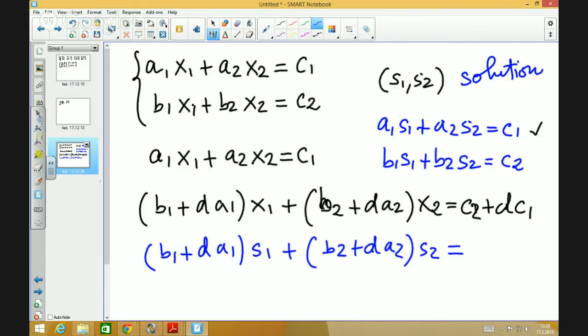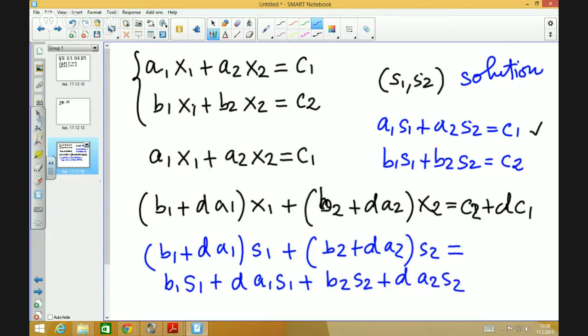And what is this equal to? Okay, so we can distribute. So we have B1 S1 plus D times A1 S1 plus B2 S2 plus D times A2 S2.